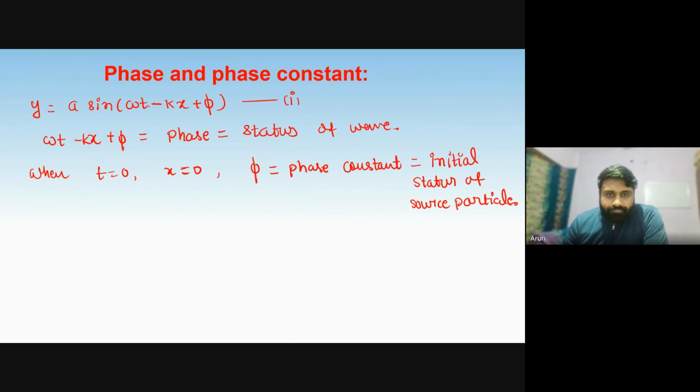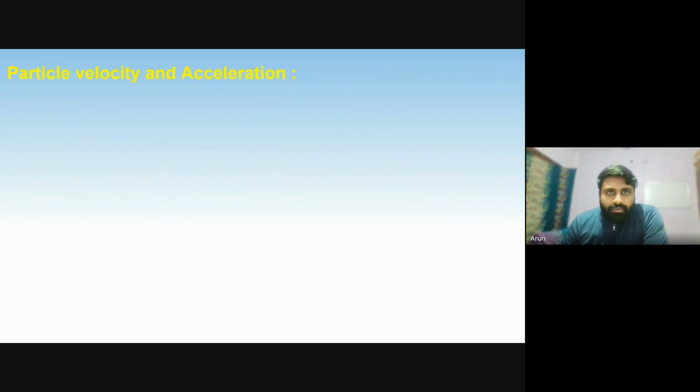Now, we will talk about the particle velocity and acceleration. Now, this y is equal to a sine omega t minus kx plus phi. This is the displacement of a particular particle.